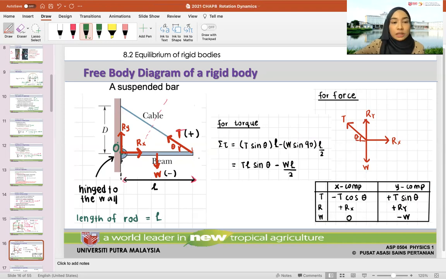So we don't really know what our R is. So we just define our R as Rx and Ry. This is a reaction force that is unknown. The reaction force can be this way, this way, this way, we don't know. We are trying to find it. And it is at the axis of rotation.